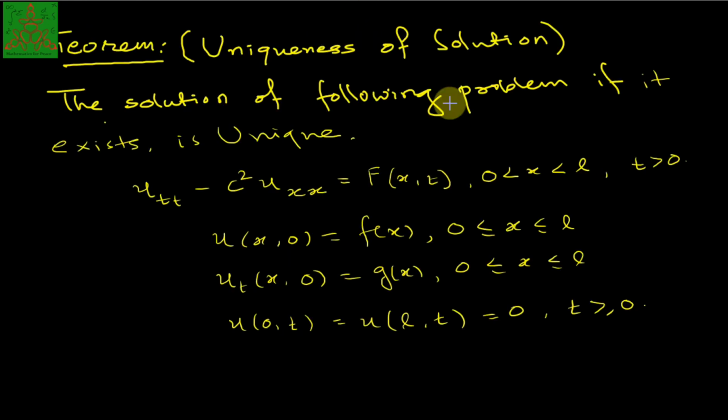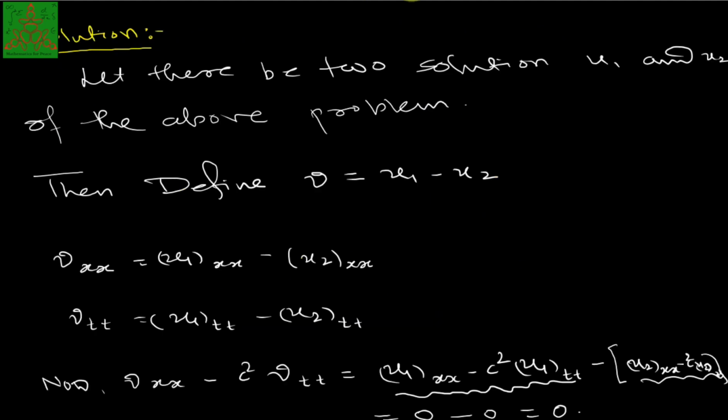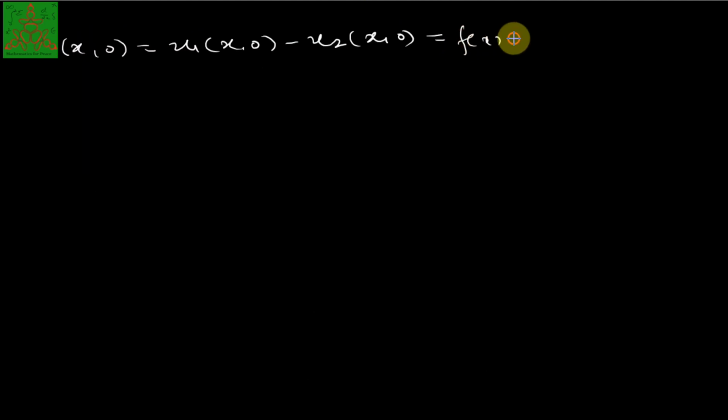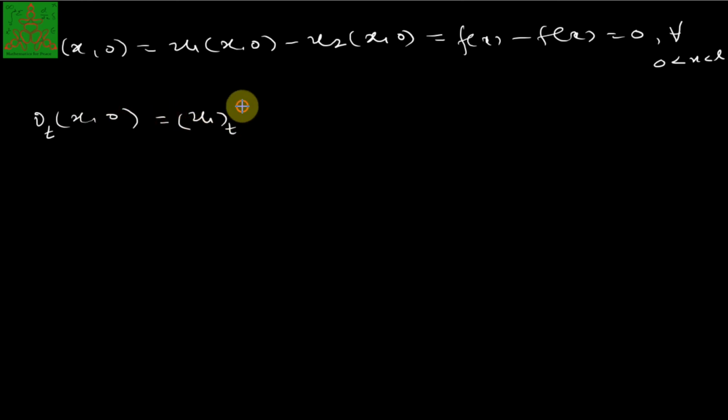Now we start with v of x, 0. v of x, 0 is u1 of x, 0 minus u2 of x, 0. But we know that u1 of x, 0 as per our problem is f of x. So we have f of x minus f of x, which gives me 0 for every x between 0 and L. If I start with v_t of x, 0, that gives me u1_t at x, 0 minus u2_t at x, 0.